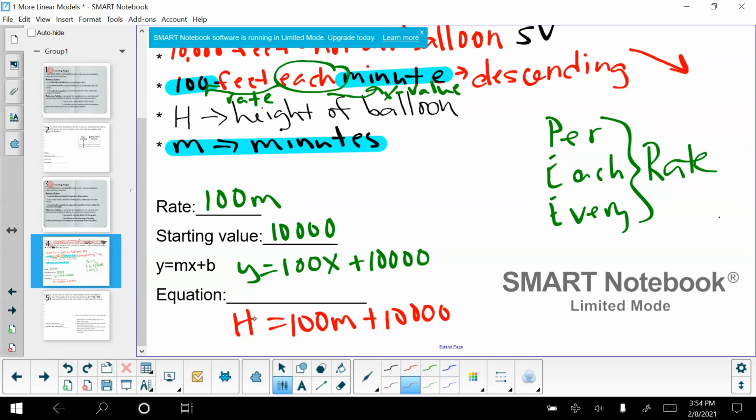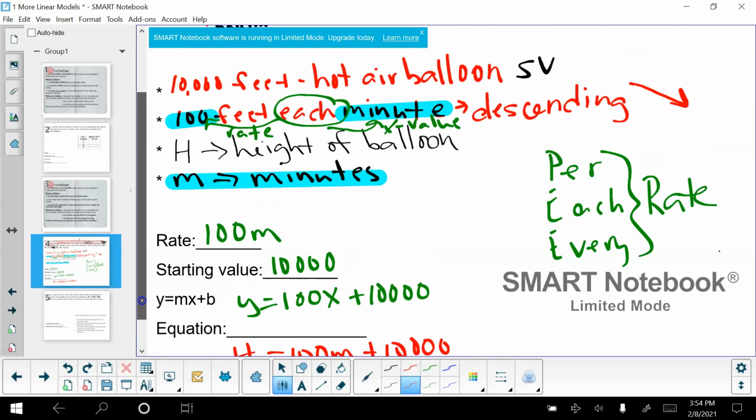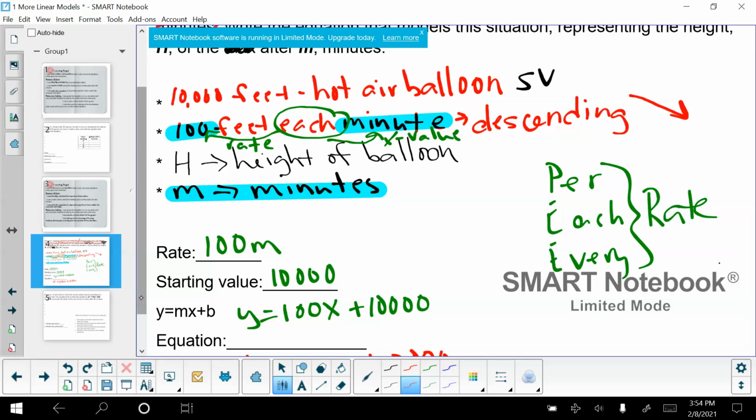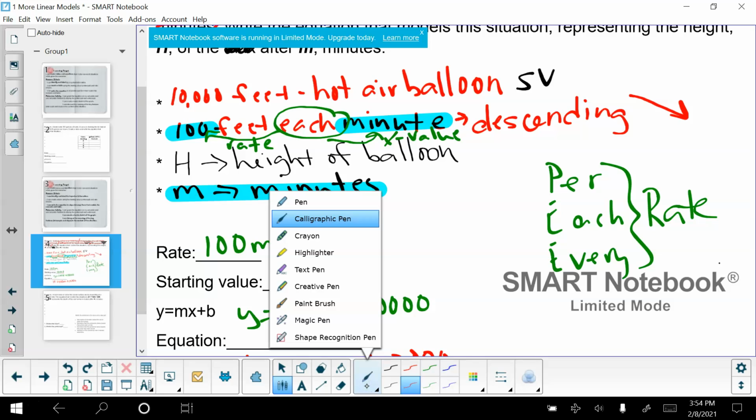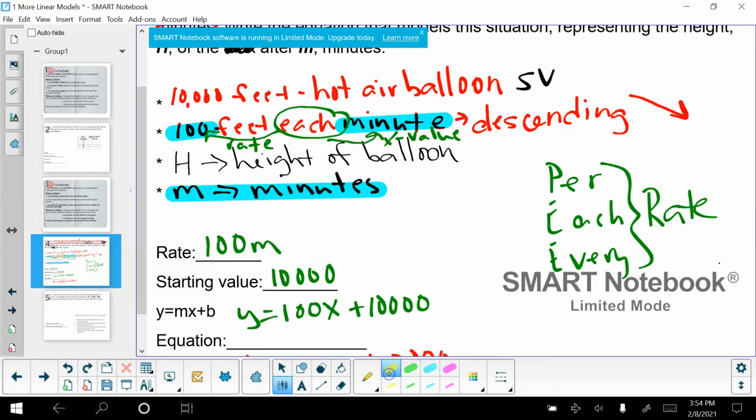Now, the glitch: if you're not being careful when you're writing down your rate and your starting value, you've got to pay attention to keywords. So I'm going to highlight something else here. This descending, that means that it's going down. So if it's going down, that means I have a negative slope, which is a negative rate.